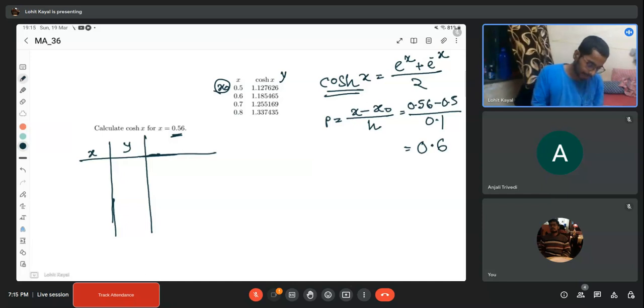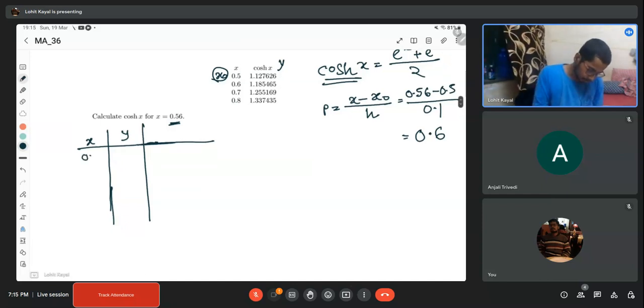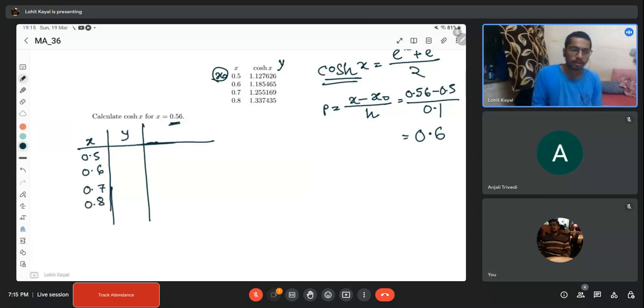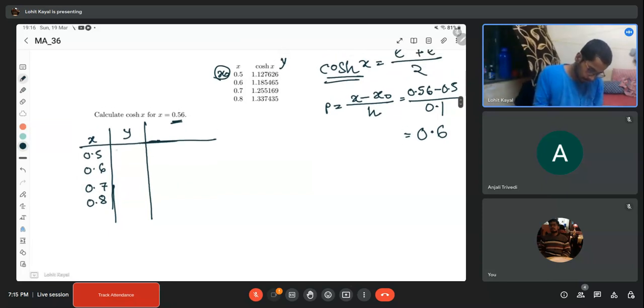Now let us build the table first. So 0.5, 0.6, 0.7, 0.8. Okay, so the values are 1.127626.